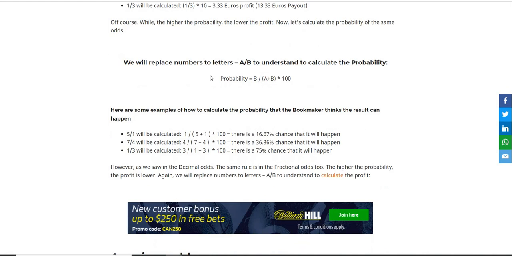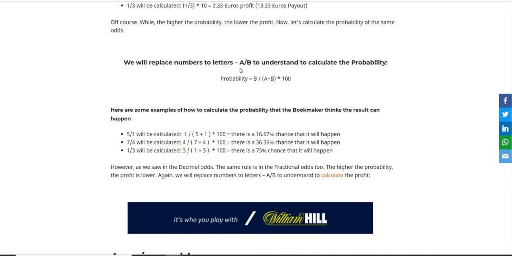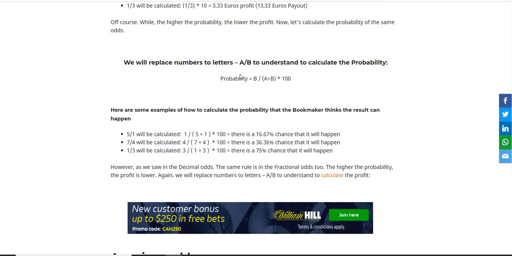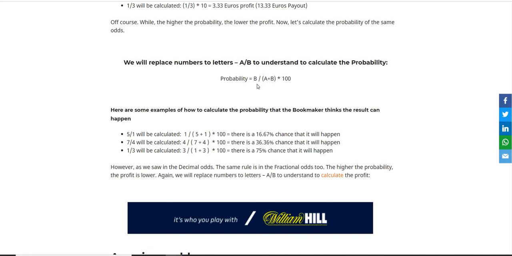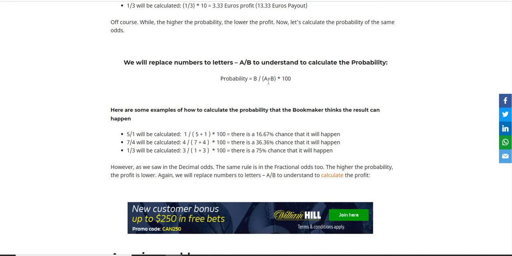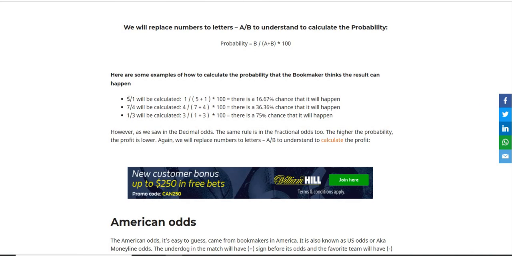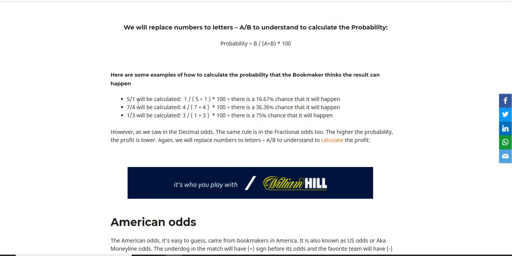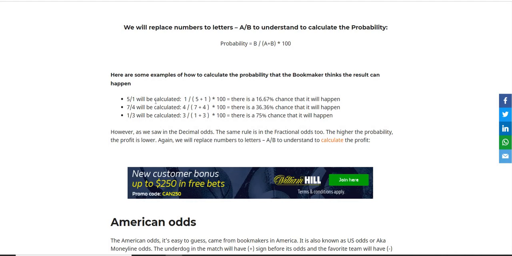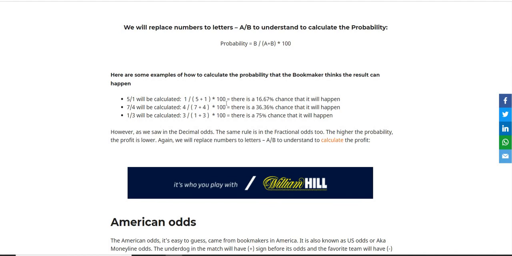Okay? Now, to understand how to calculate the probability in fractional odds, we take this formula. Probability is B divided by A plus B, multiplied by 100. Here, again, you can check by yourself. 5 dash 1 is calculated by 1 divided by 5 plus 1, multiplied by 100.